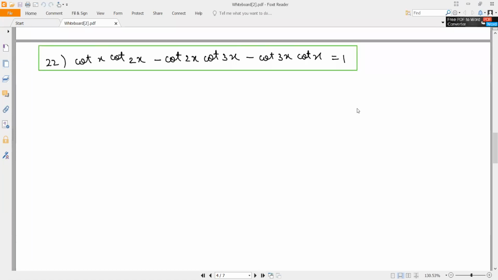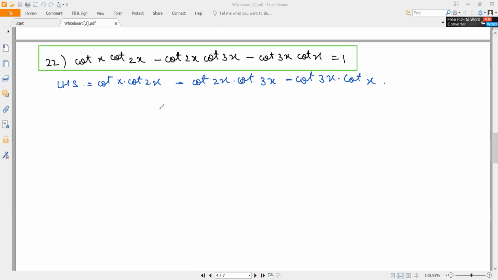So your LHS is equal to cot x into cot 2x minus cot 2x into cot 3x minus cot 3x into cot x.